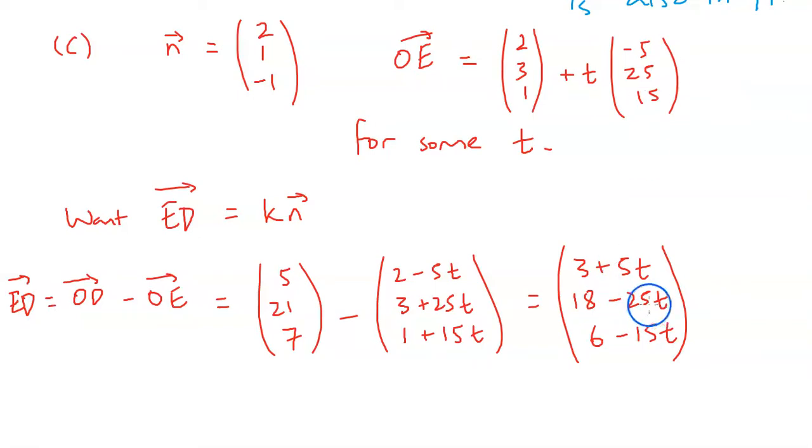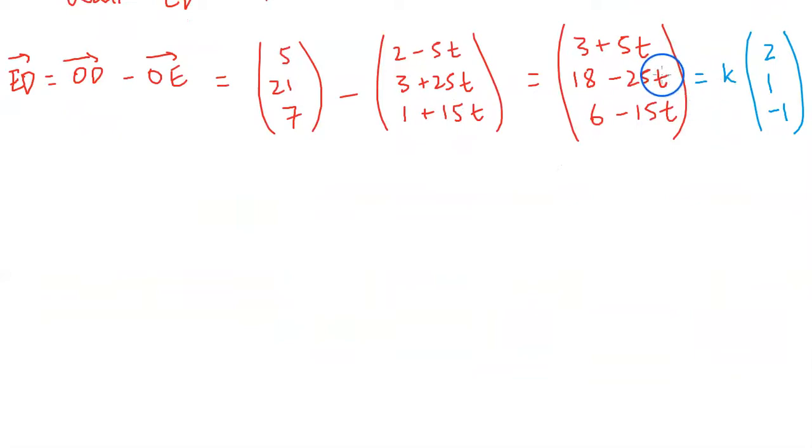And what we would really like is for this vector to equal k times (2, 1, -1). Let's see if all our dreams can come true here. So we got 3 plus 5t is equal to 2k, according to these first coordinates. And then the second coordinate, 18 minus 25t, is equal to k.